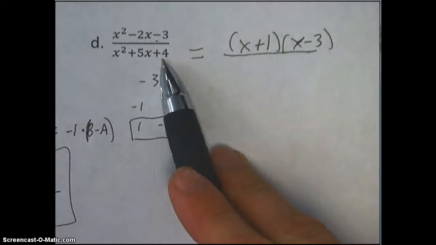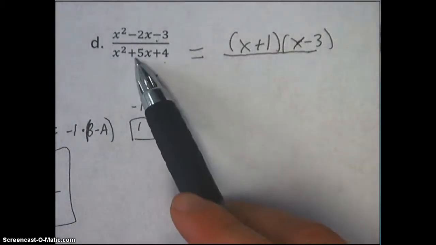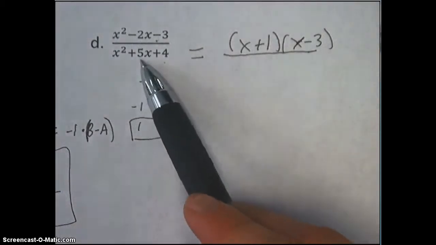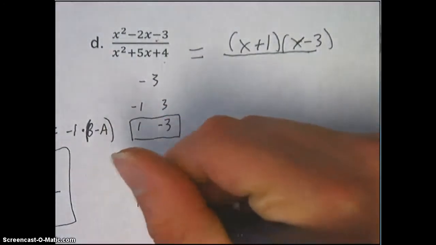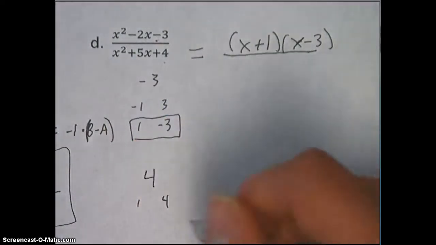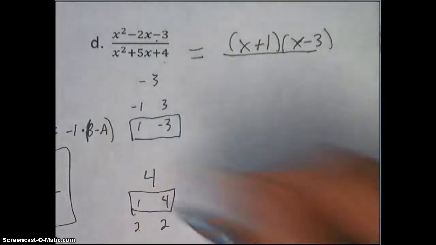And same thing on the bottom here. We need two numbers that multiply to positive 4, but add to positive 5. So if I think of the factors of positive 4, that's 1 and 4, or 2 and 2. Which one adds to 5? That's this one.